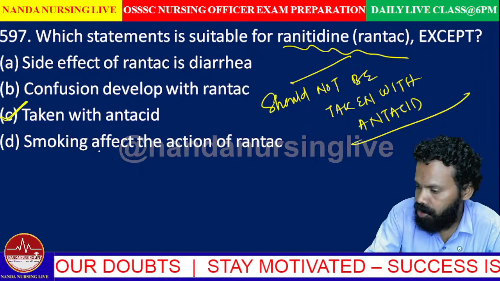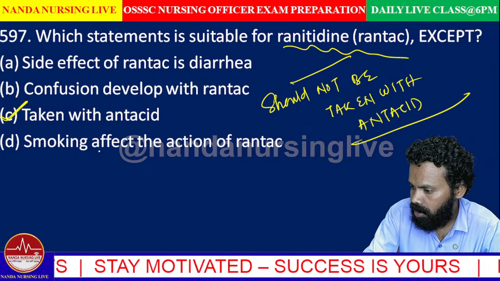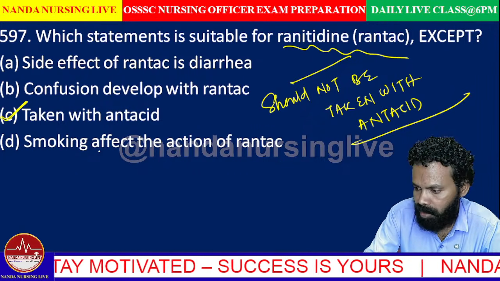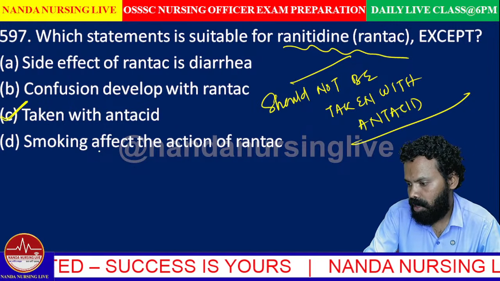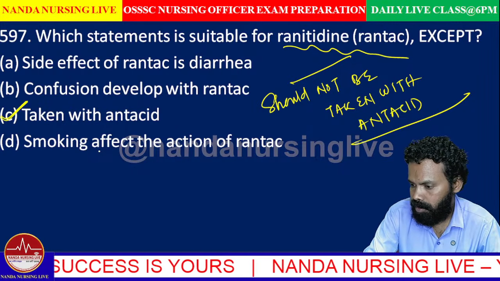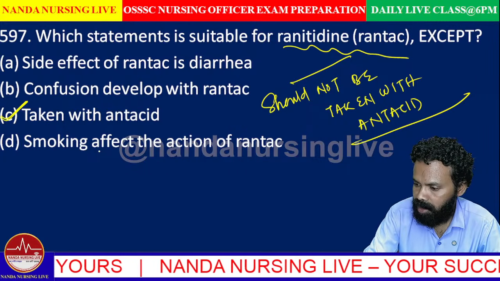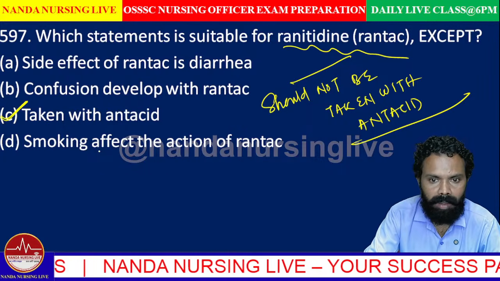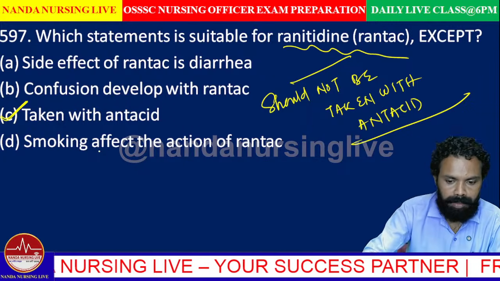So option C is the correct answer, beta, because antacid can interfere with the absorption of ranitidine, reducing its effectiveness. And Rantac side effects, beta, are diarrhea, vomiting, confusion; these are all Rantac side effects, right? So option C is the correct answer.